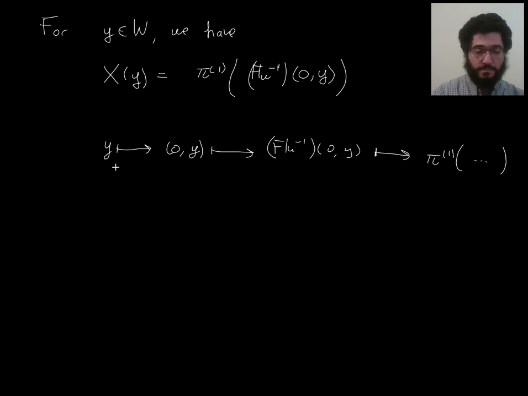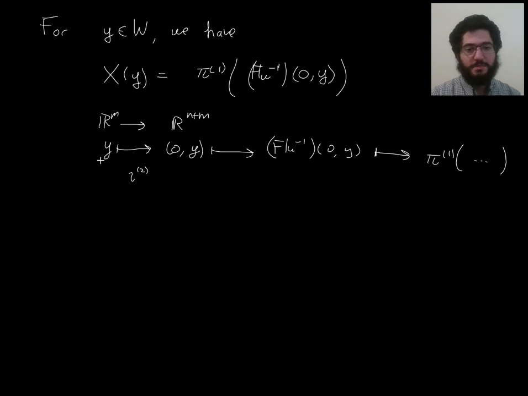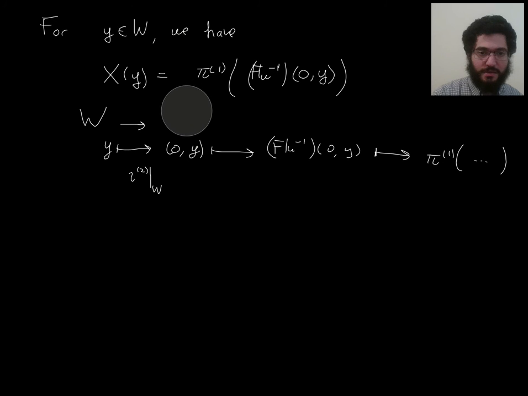Okay, so from here to here, we applied the embedding. This is the function that I called iota sub 2 that embeds, it goes from Rm to Rn plus m, right? Except the y's can't just start anywhere in Rm, they have to start in w. So really it's iota sub 2 restricted to w. And we end up in Rn plus m, but actually we end up specifically in v, right?